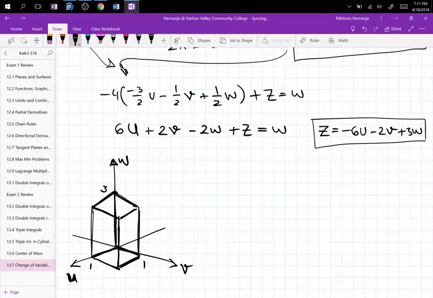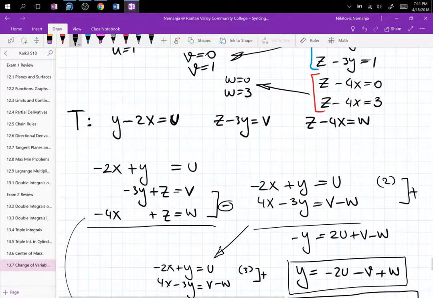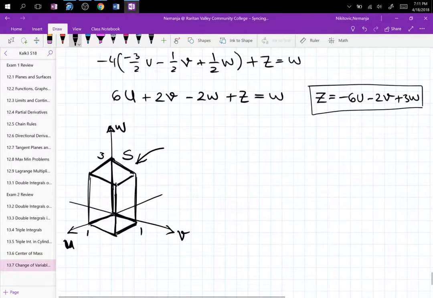So 1, 1. This is just a box. This is my region S. So I got that transformation by just looking at those pairs up there.